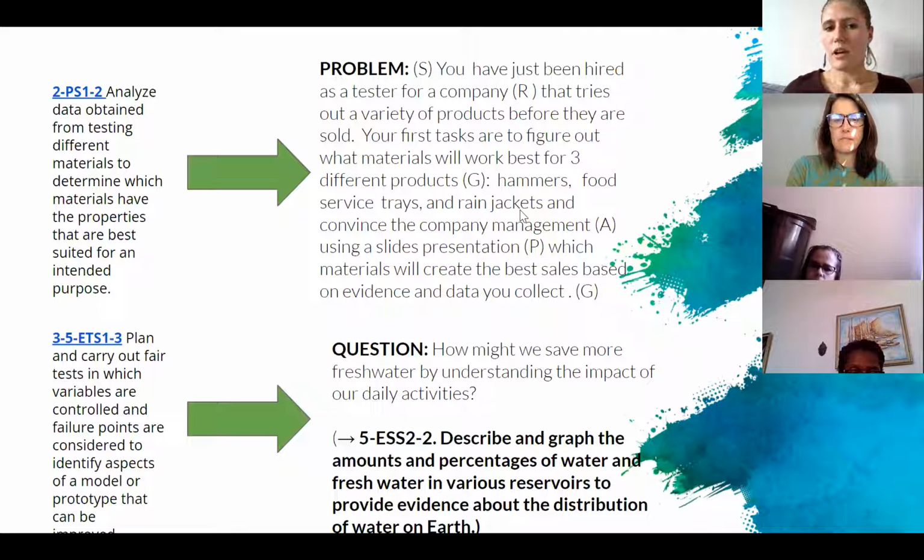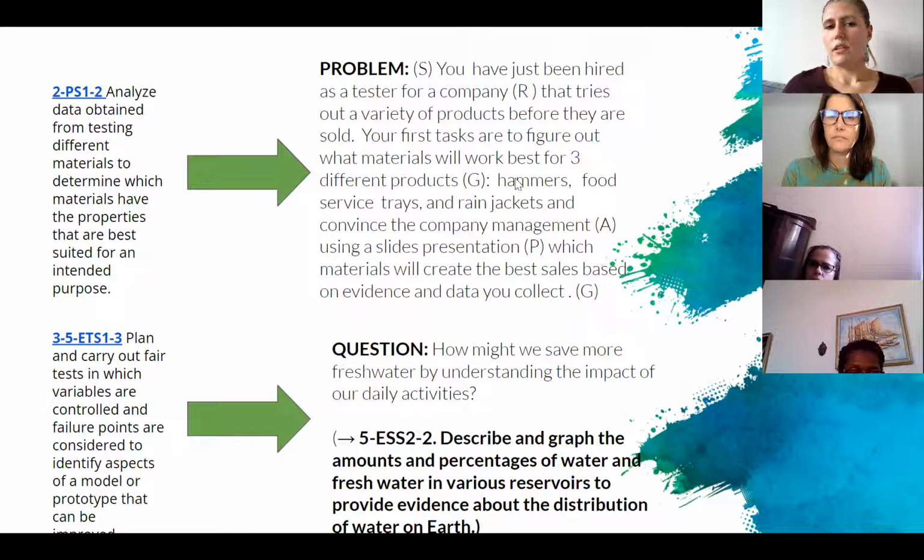Your first tasks are to figure out what materials will work best for 3 different products: hammers, food service trays, and rain jackets, and convince the company management using a slides presentation which materials will create the best sales based on evidence and data you collect.